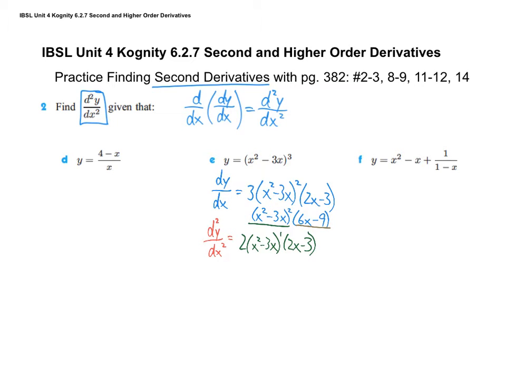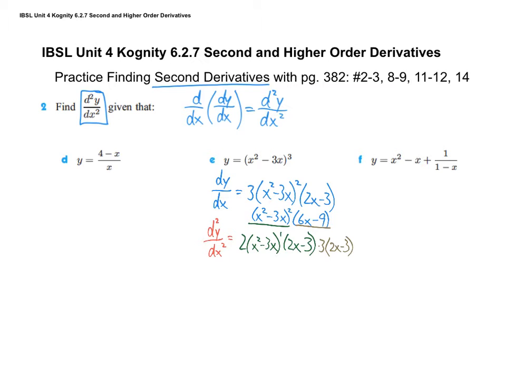That's the derivative of the first term times the second term. So times 6x minus 9. And actually, this is where not having distributed the 3 may make things a little easier to simplify in the end. I'm going to write this back as a 3 times 2x minus 3. Okay, because you see I actually end up with a 2x minus 3 squared.